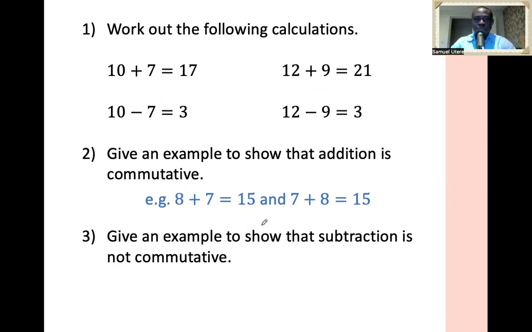And then to show that subtraction is not commutative, you could just write any question. You could say, for example, 2 minus 1 is equal to 1, but 1 minus 2 is not equal to 1. So any calculation would have been good enough to show that example.